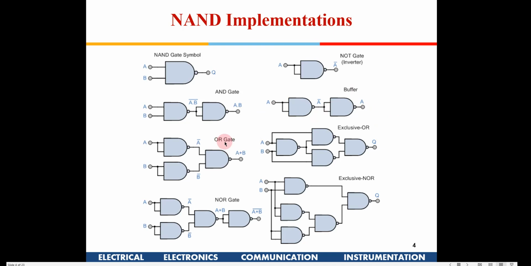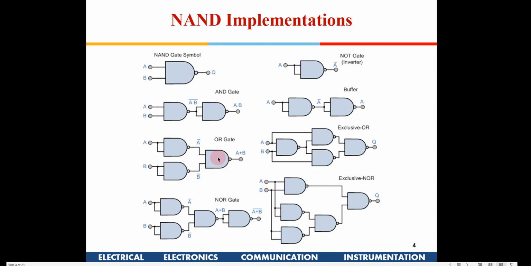Now similarly, if an OR gate is required to be implemented with a NAND gate, if you see here, you have a NAND gate here, and the inputs are inverted here. If the inputs are inverted, it will become an OR gate. So you see here, A bar, B bar.